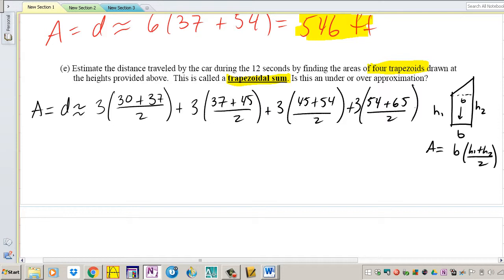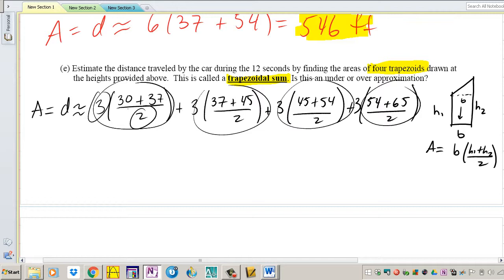Now, you could find the area of trapezoid 1, 2, 3, and 4, and then add them up, or you can use your special factoring skills. What do you notice in common out of all of these areas? They all have a 3 and a divide by 2. So I'm going to go ahead and factor out 3 over 2.